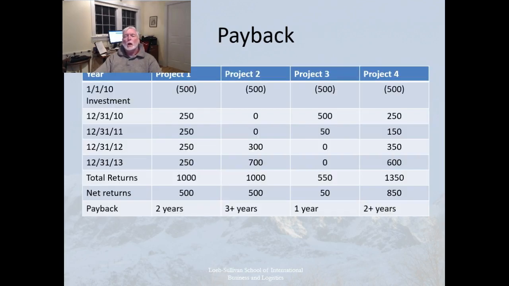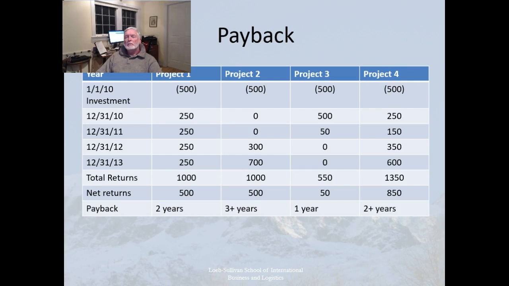So here's a chart showing a basic payback model. We have an investment. We have 4 different possible investments, project 1 through 4. And each one of them is going to cost $500 or $500,000, whatever you want to call it. I'm going to call it $500.